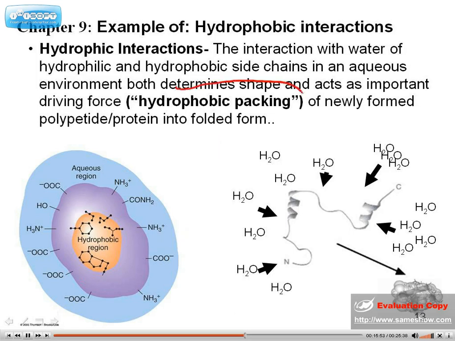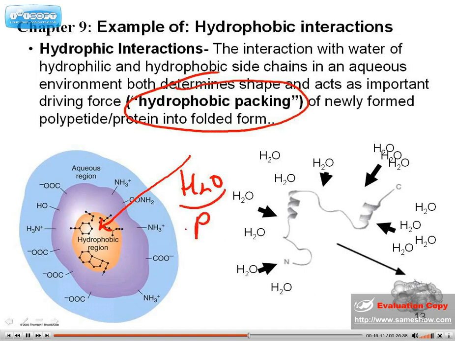Here we have what's called hydrophobic packing. Again, I talked about how the nonpolar amino acids, they like to be attracted to each other via London or dispersion forces, and the outside water molecules, they only like to be attracted to polar side chains. So for example, they'll be attracted to polar amino acids.